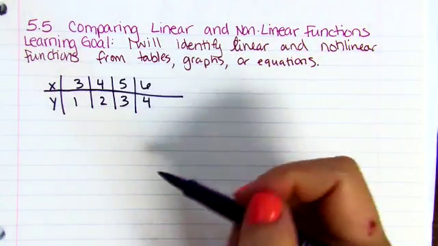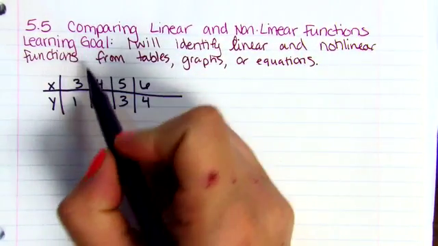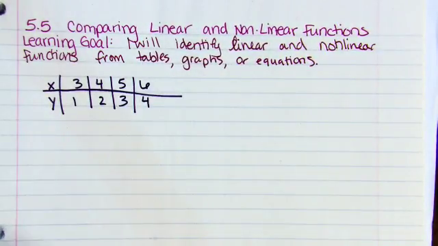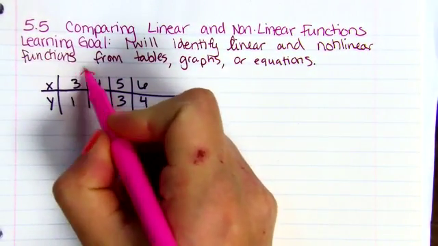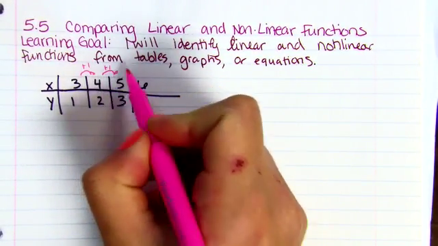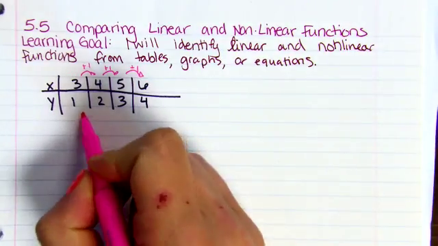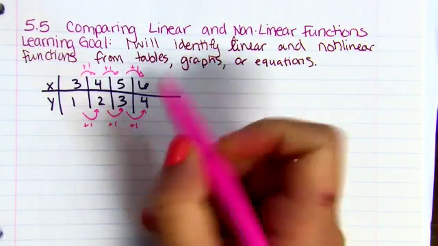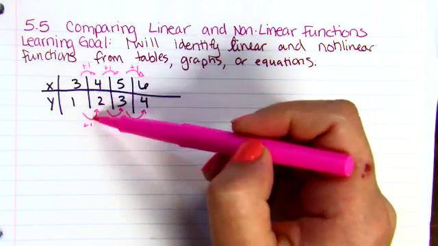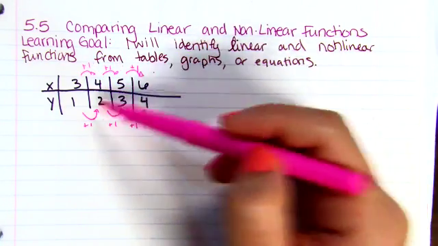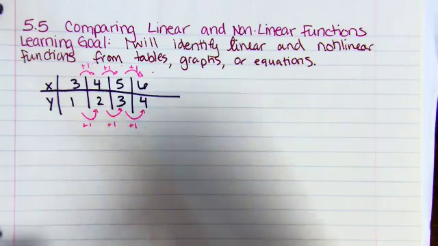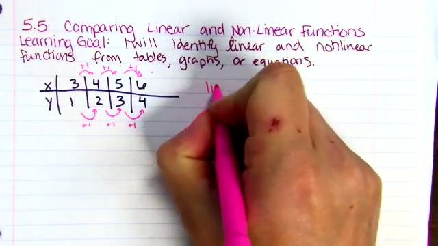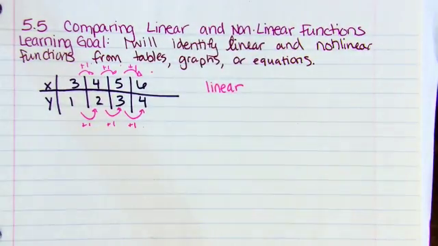Really, I'm looking at a slope. In this case, I see that as x goes up by 1, my y is going up by 1. So each of these changes, 1 over 1, 1 over 1, 1 over 1, that's constant. So this is going to be linear. That would be a linear function.